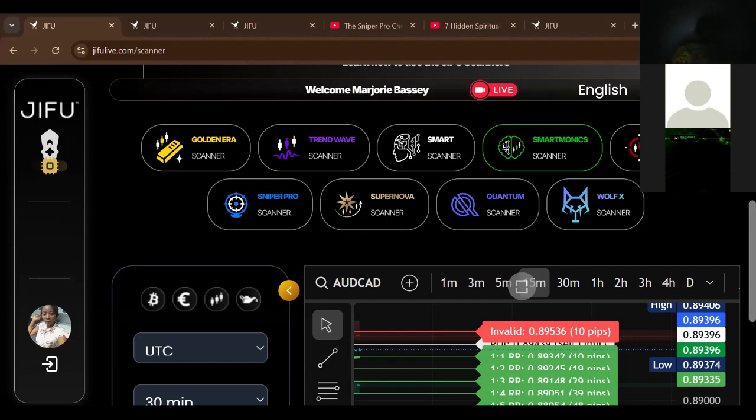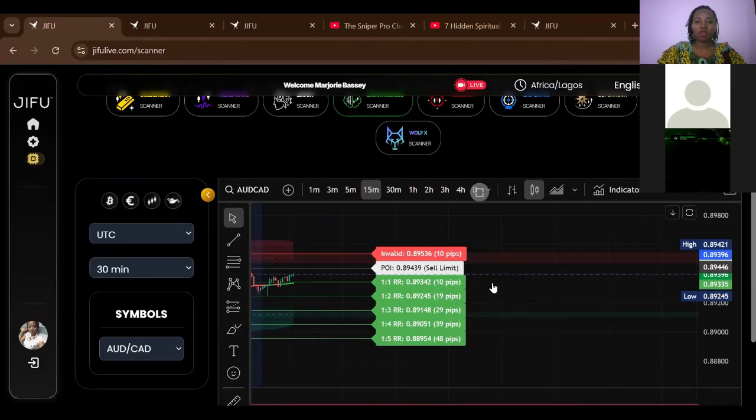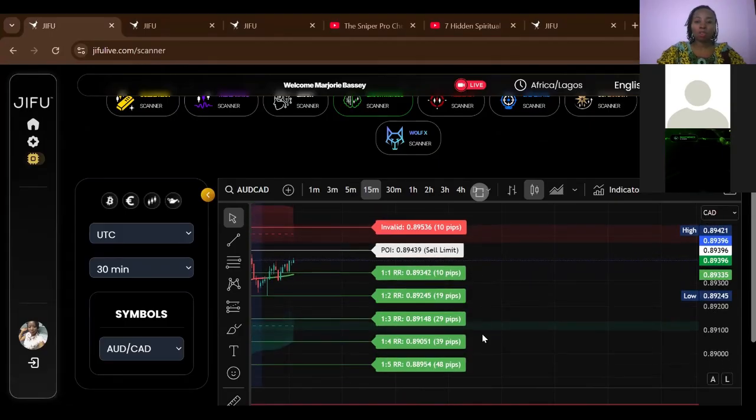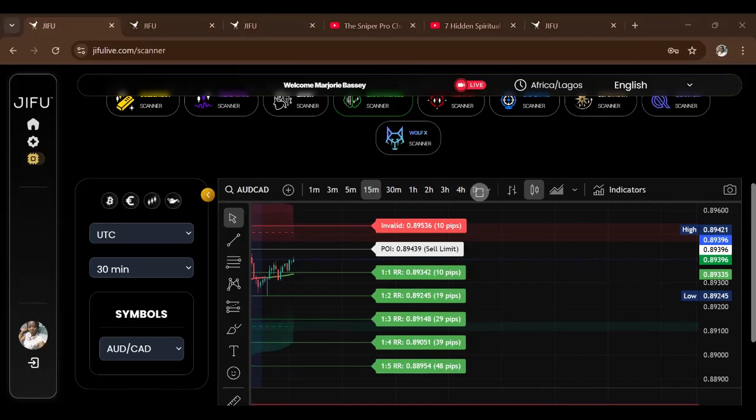All right, so this is a trade idea on Smart Monies. I'm going to simply take this trade idea, let me see where I can allow multiple.